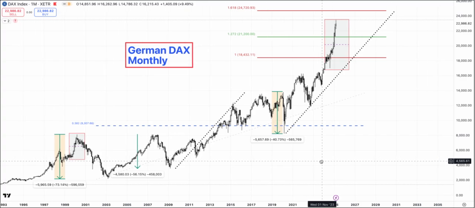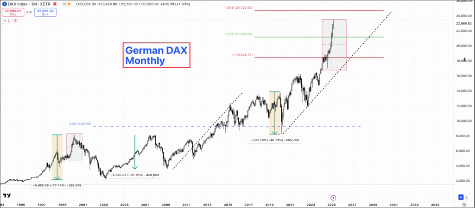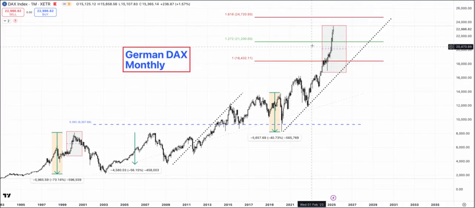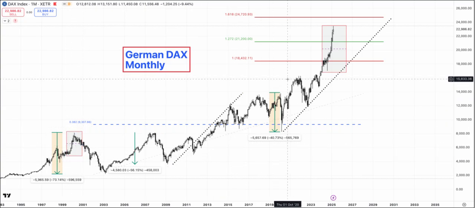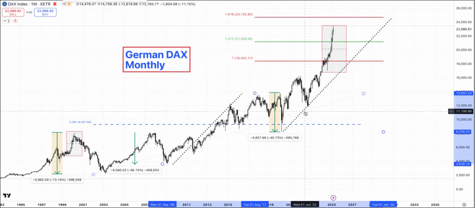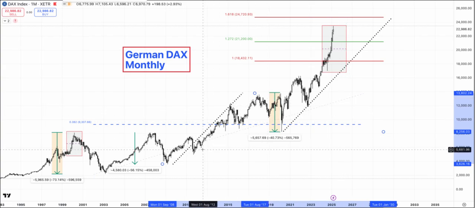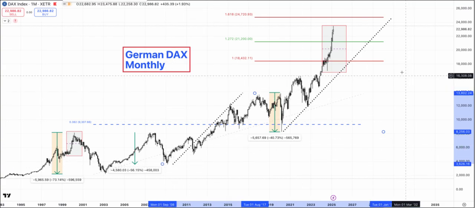And what are we looking at right now? We have got a situation where it does indeed look like a parabolic situation, quite similar to what we had right here. And we do have the 1.618 extension, where the CD leg is 1.618 times the AB leg, going back to the lows of 2009, March 2009.